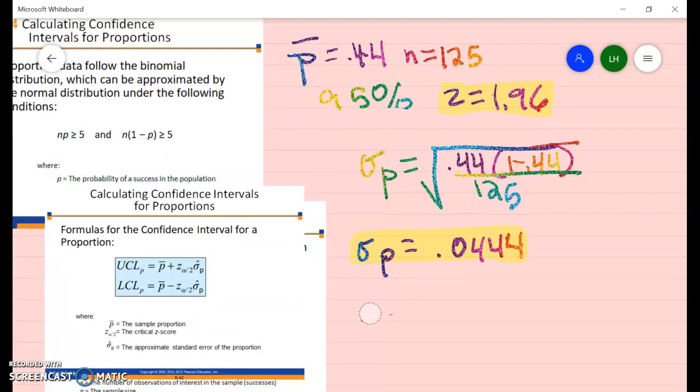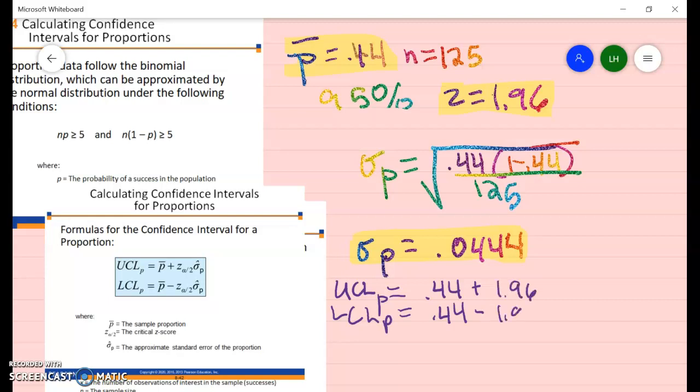So now we're ready to calculate the upper and the lower confidence level for the proportion. So we're going to do our sample proportion, which is 0.44, plus and minus our z-score, which is 1.96, times your standard error of your proportion, which is 0.0444.